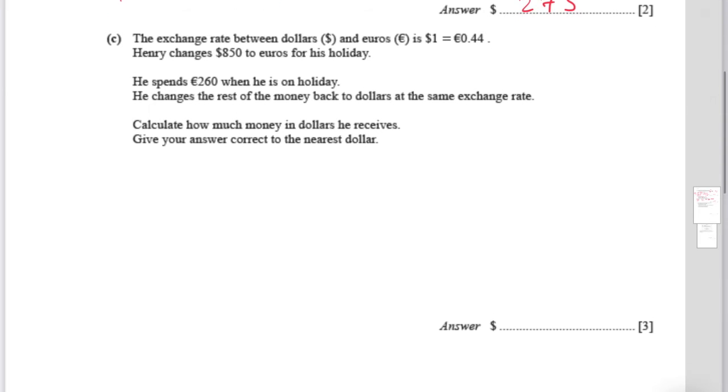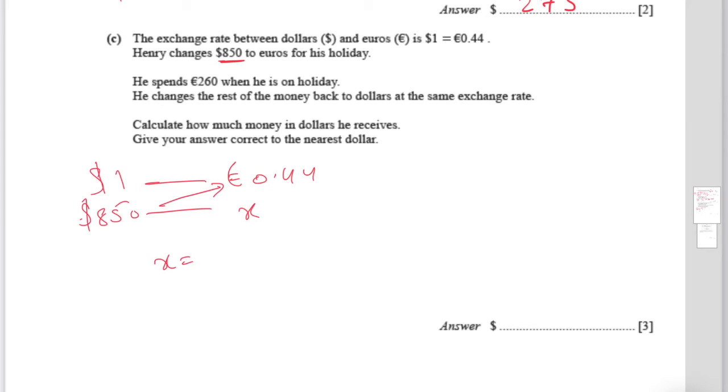First, let's convert the entire amount into euros. If $1 is equal to 0.44 euros, $850 would be equal to what? You simply multiply 850 by 0.44. 850 times 0.44 gives us 374 euros.